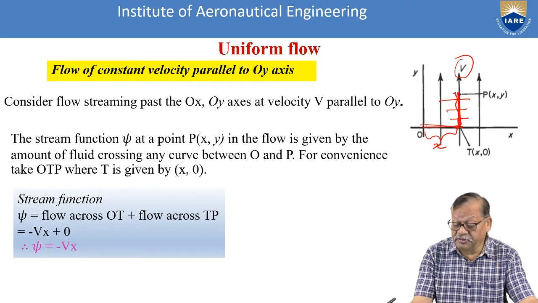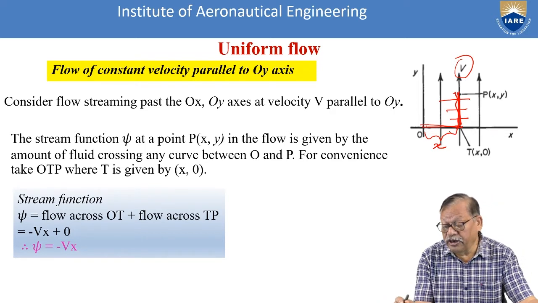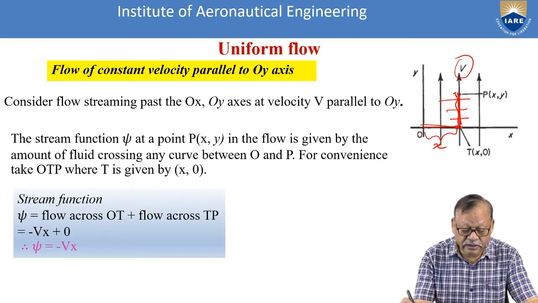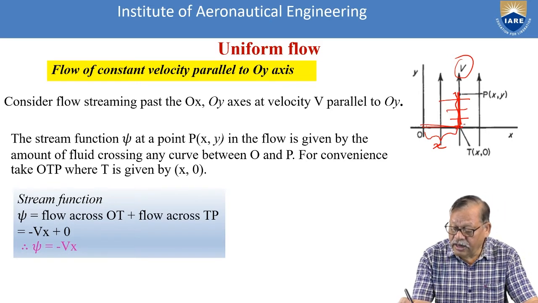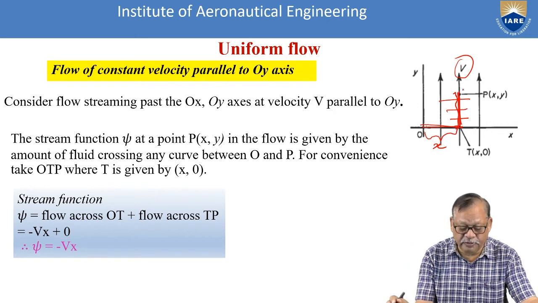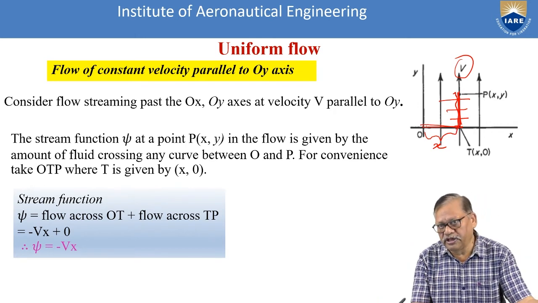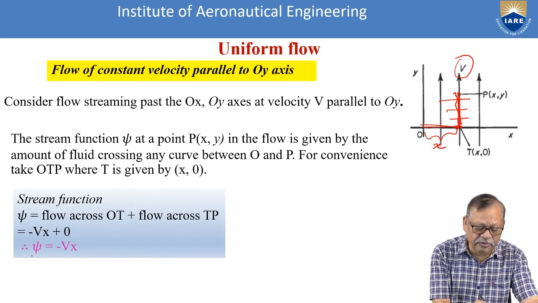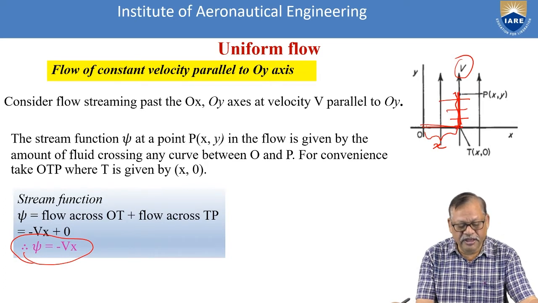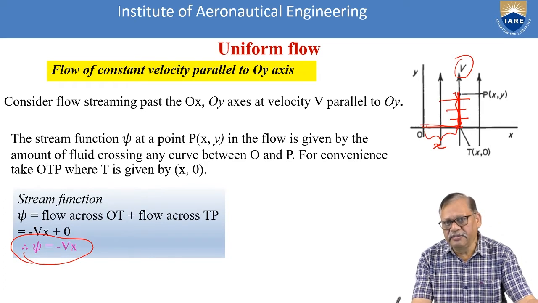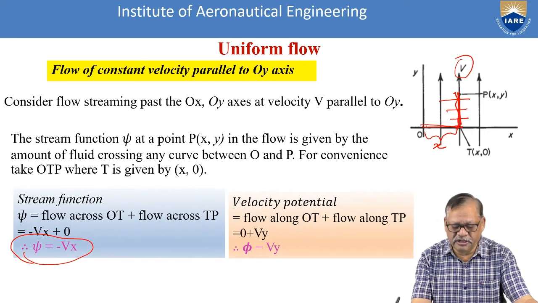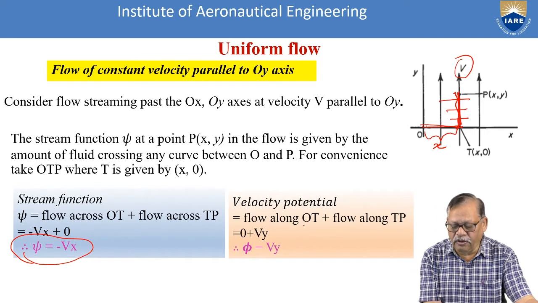So it is the distance between the origin and the point you are considering, plus the flow across TP. No flow is crossing on that line, so it is equal to 0. So the psi value will be minus Vx.